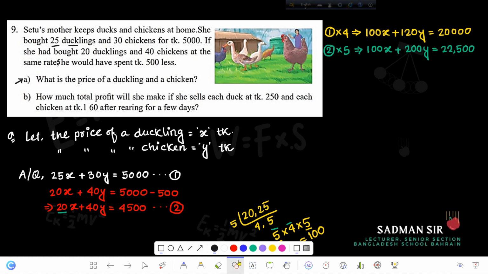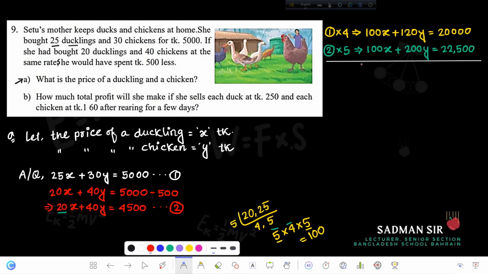Now we can do the subtraction. What will happen? The sign will be changed. 100 minus 100, they will be cancelled. 120 minus 200 gives us minus 80y, equal to minus 2,500, right?